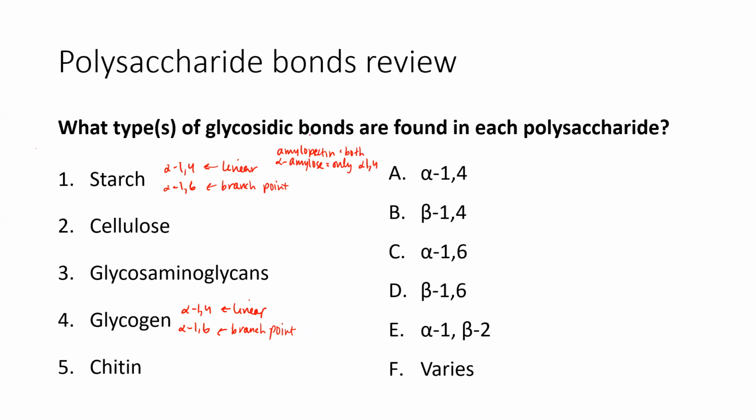For glycogen, glycogen is always branched. So for glycogen and for amylopectin, what is the difference between them? They're both made of glucose monomers. They both have the same exact type of glycosidic bonds. So how do we tell the difference between amylopectin and glycogen?